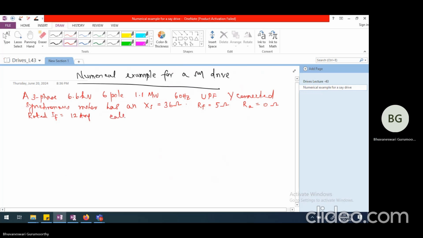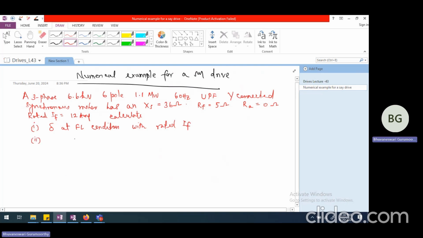Calculate the load angle delta at full load condition with rated IF.